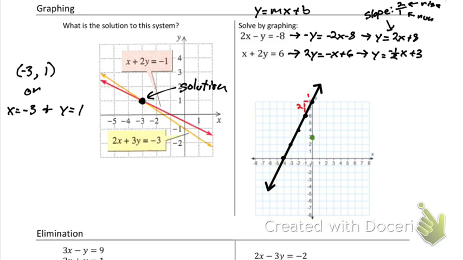And now we're doing -1 over 2. So that means I'm going to go down 1, right 2. So down 1, right 2. Maybe I'll go the other direction. That'd be right there.